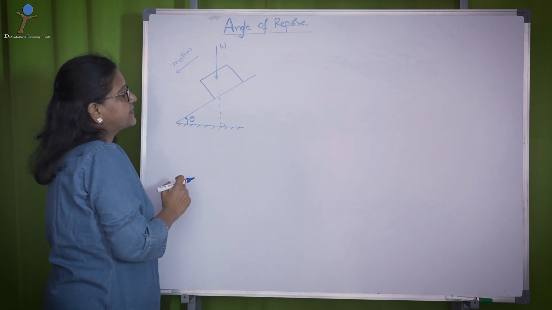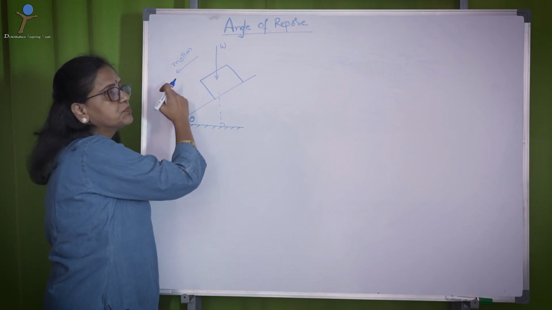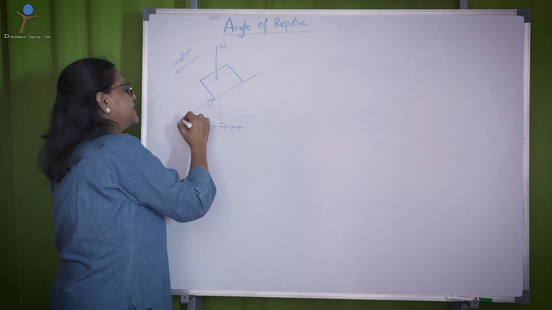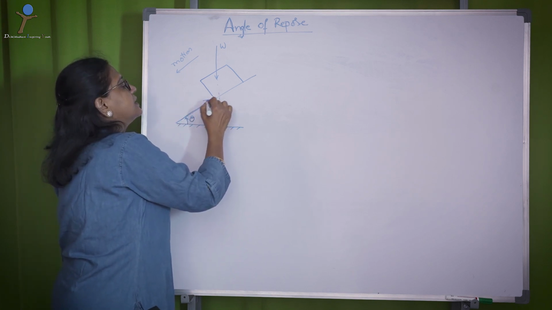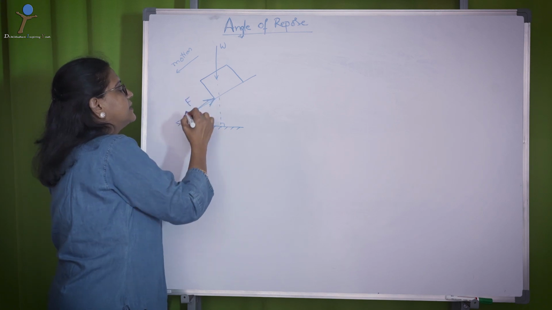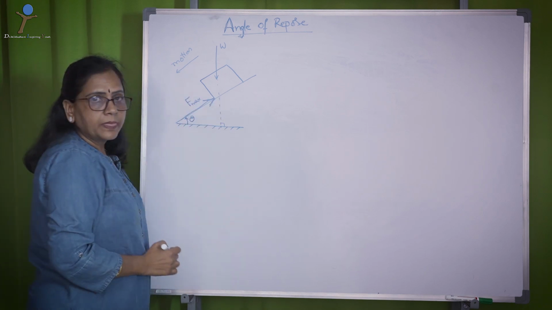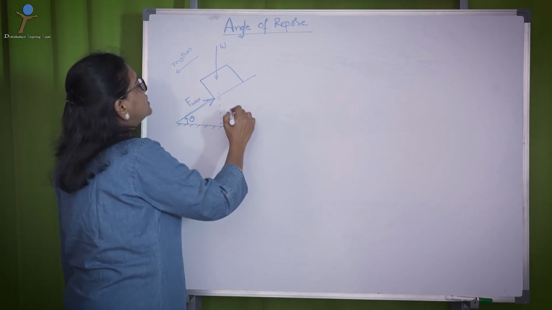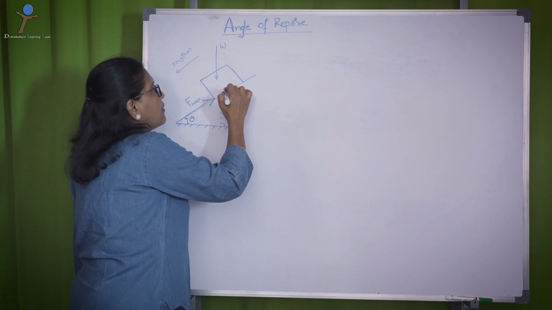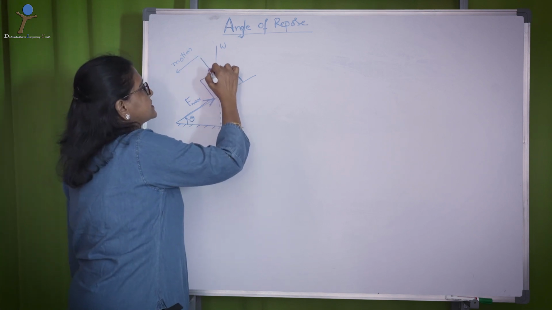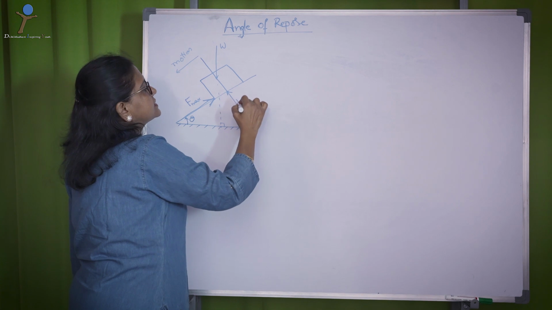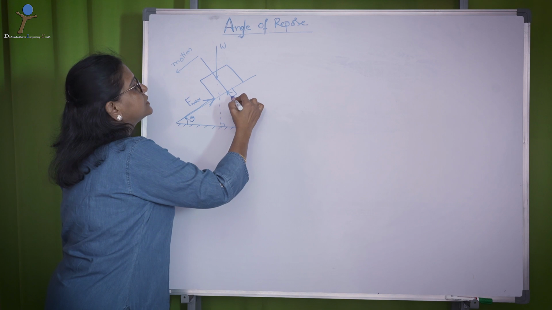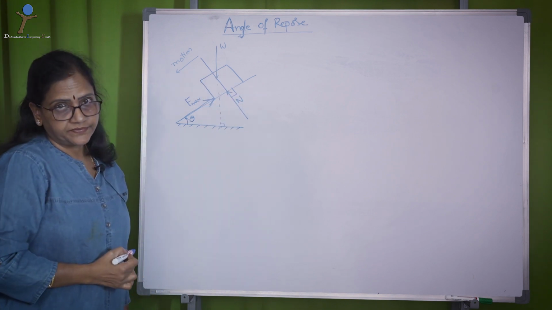Because the body is moving downwards, obviously the frictional force, F max, is in the opposite direction to the motion, that is, in the upward direction. Then there is a normal reaction acting on the body by the inclined surface, which is again perpendicular to the inclined surface.